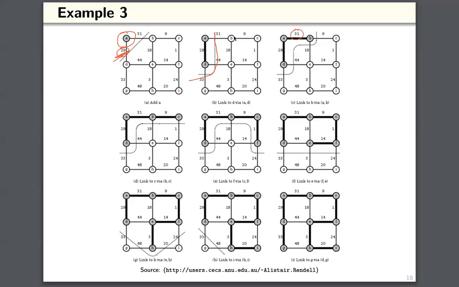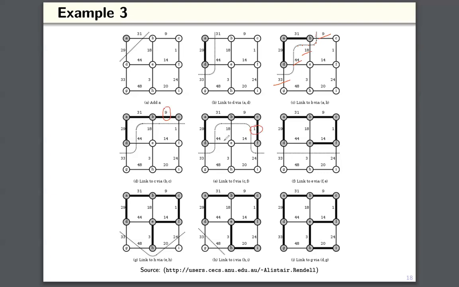Okay, next. So the collection of these dots, right, crosses the edges. All those edges are the competing edges. So among 33, 44, 18, 9, what is the shortest? It's 9, right? So 9 will be selected.